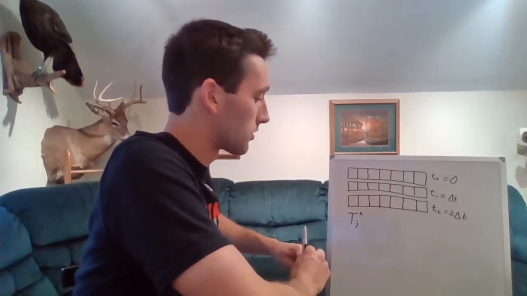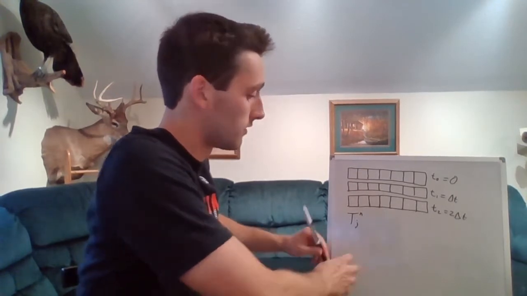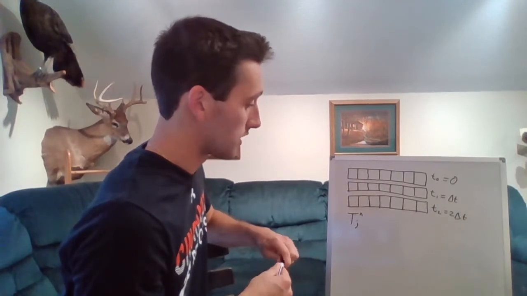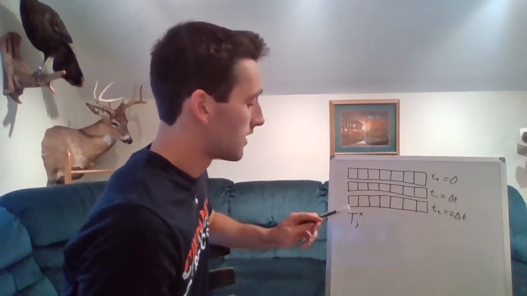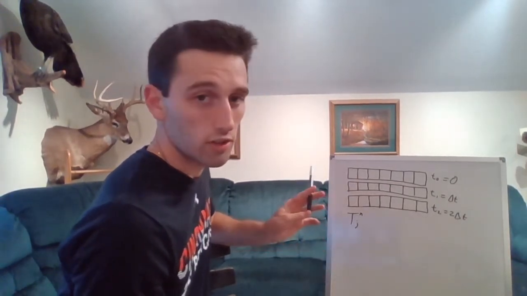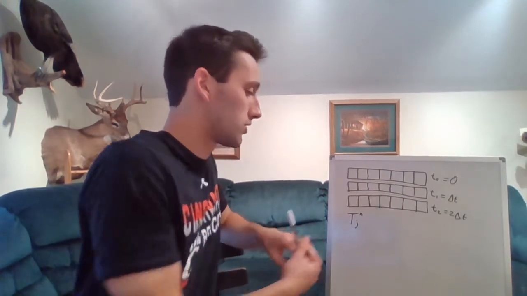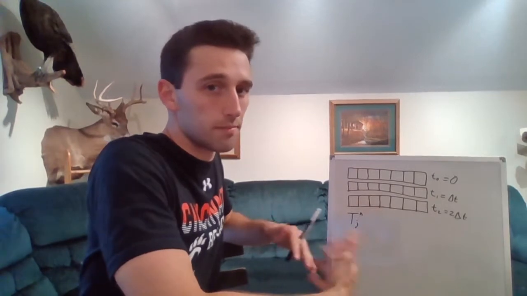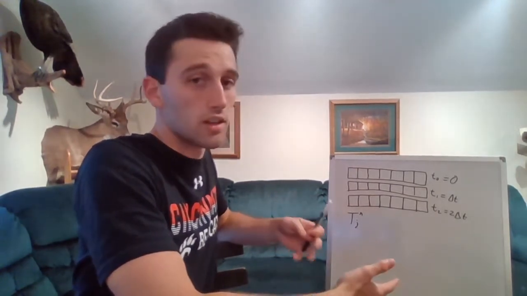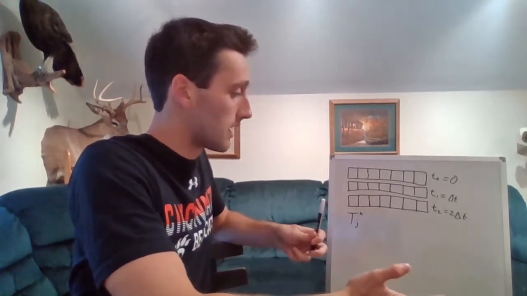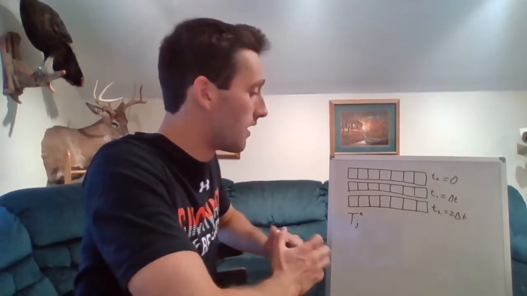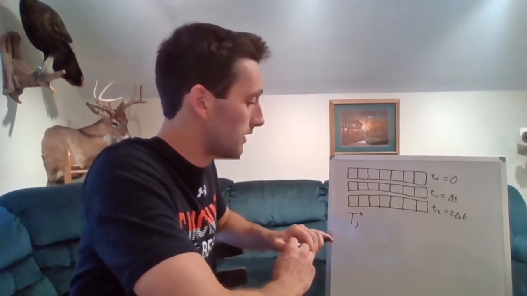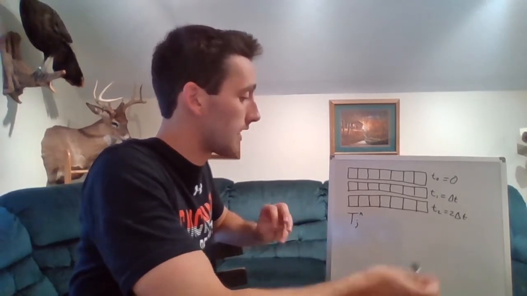So if I were to say just j and n, at position j and time n, that means the current position at the current time. If I were to say n plus 1, that would mean the next incoming temperature at that time at the same position. If I were to say j plus 1, then that would mean the next position at the same time.